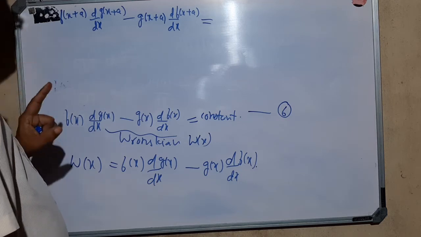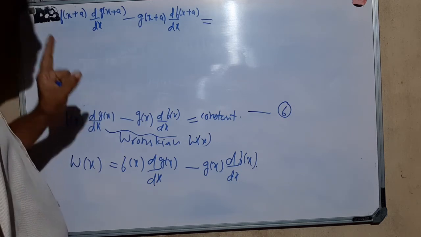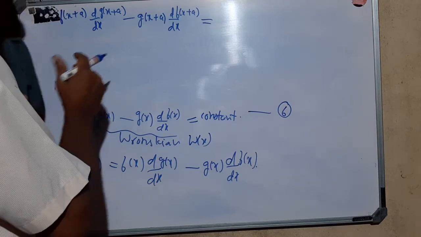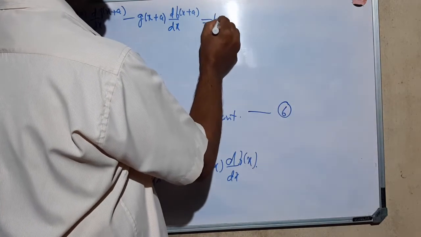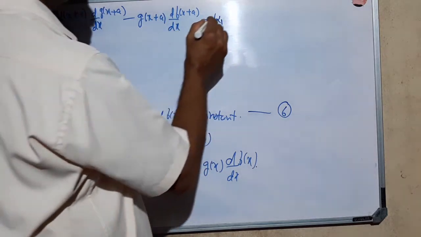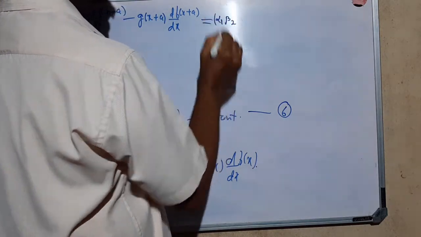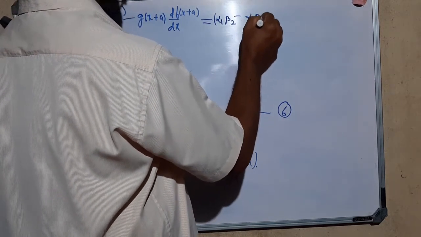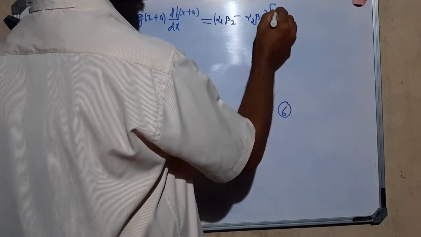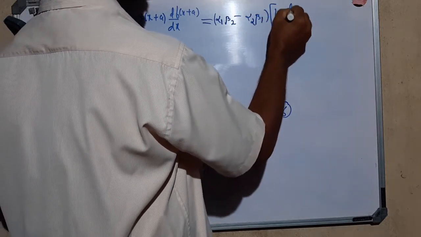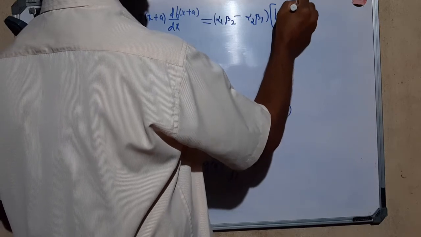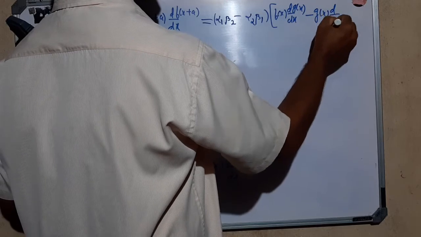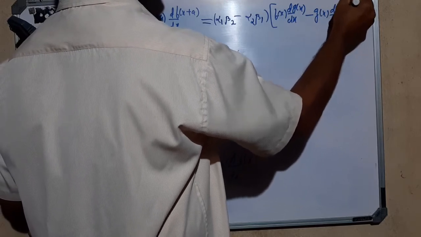Its value is replaced by using equation number 3. Then you have to simplify. After simplification, you will get the answer as alpha 1, this one you have to work out. Remember, don't directly write. Alpha 1 beta 2 minus alpha 2 beta 1 into f of x into d by dx of g of x minus g of x into d by dx of f of x.